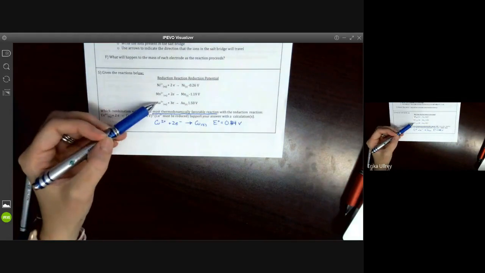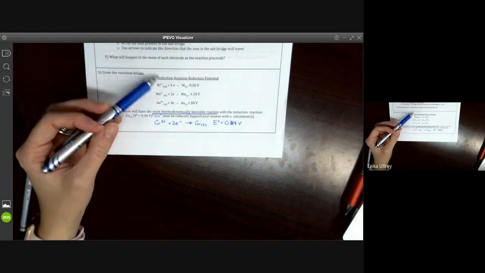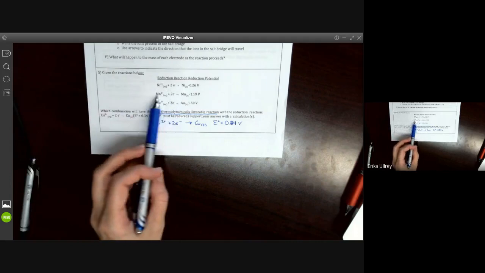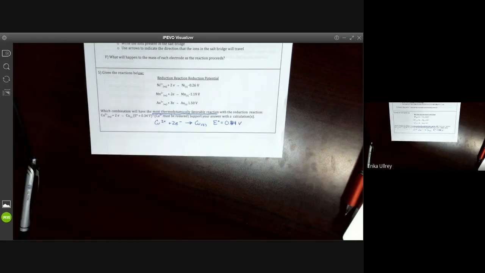So which one of these are we going to put with it? They have to be flipped because all of these are reduction potentials. Which one would give us the most positive overall electrocell potential, and why?